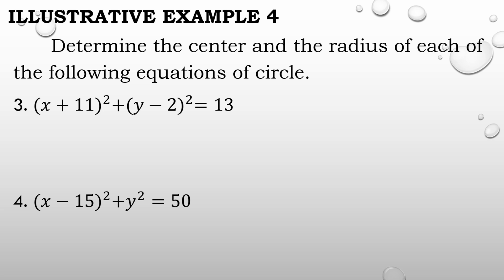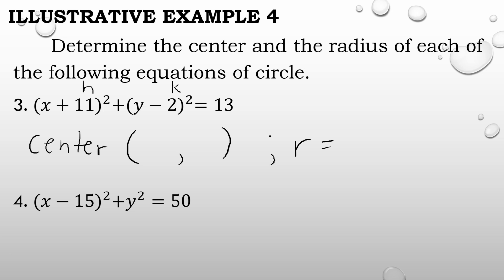Next equation, we have (x + 11)² + (y - 2)² = 13. To identify the center, we need to determine the value of h and the value of k. And r here is the square root of 13. First, remember class that h is beside x and k is beside y.